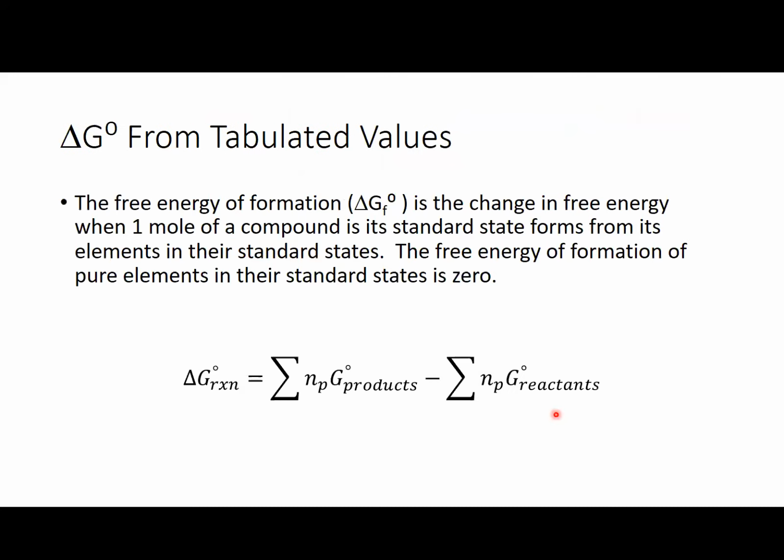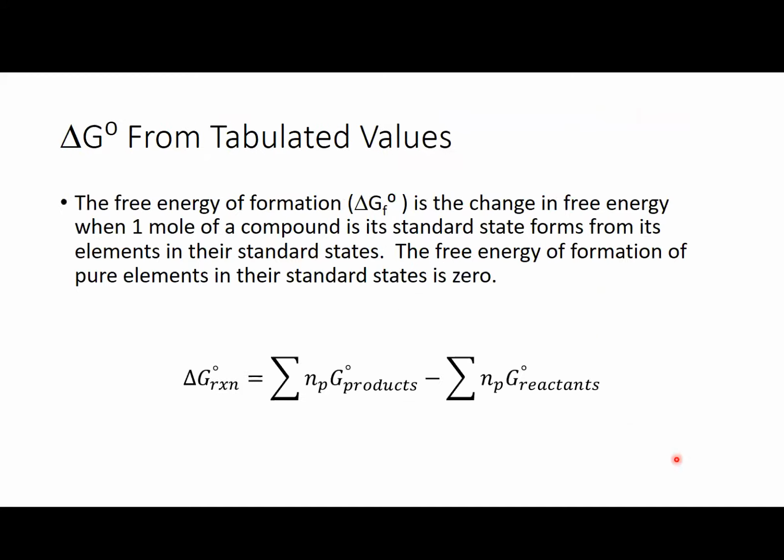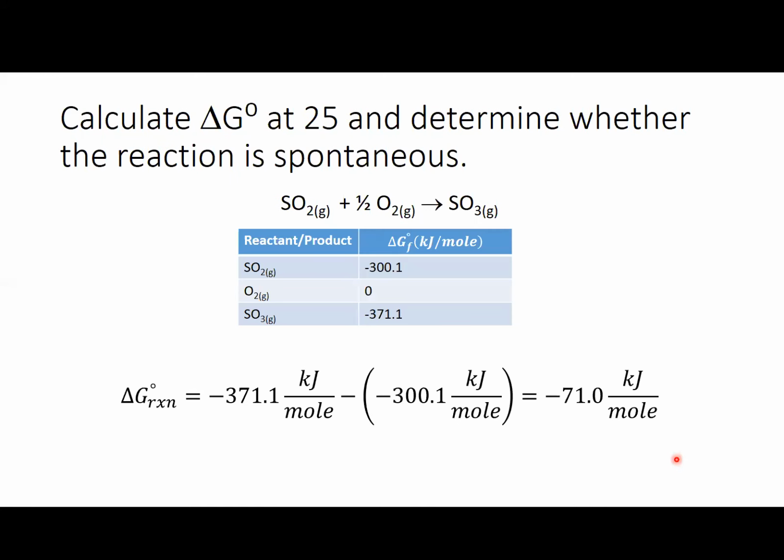If you remember, the answer we got from the previous one was negative 70.9, which is basically negative 71. So the answer is the same. You can do this in one of two ways. This one's a little less work. Sometimes you have this information, sometimes you don't. Sometimes you can use this, and if you don't have the information, you can use the other.